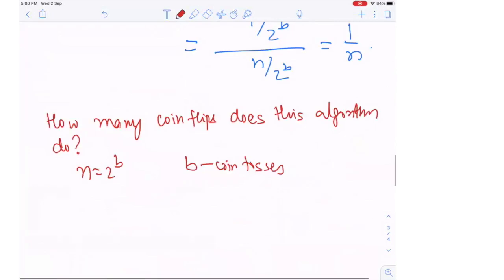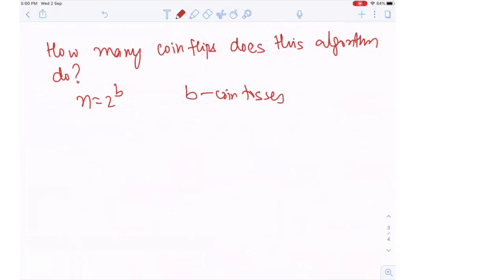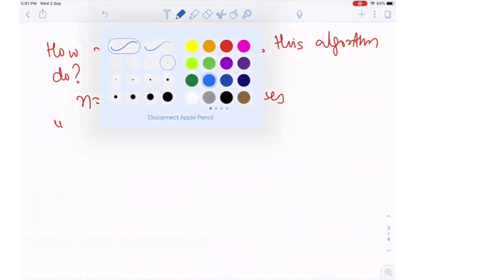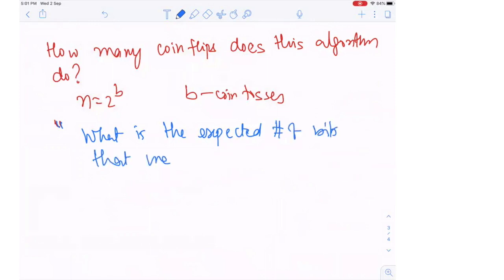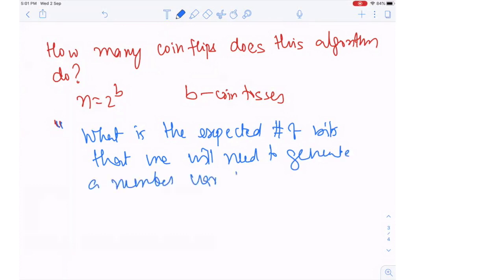So we should ask ourselves: what is the expected number of bits that we will need to generate a number uniformly at random from 1 to n?